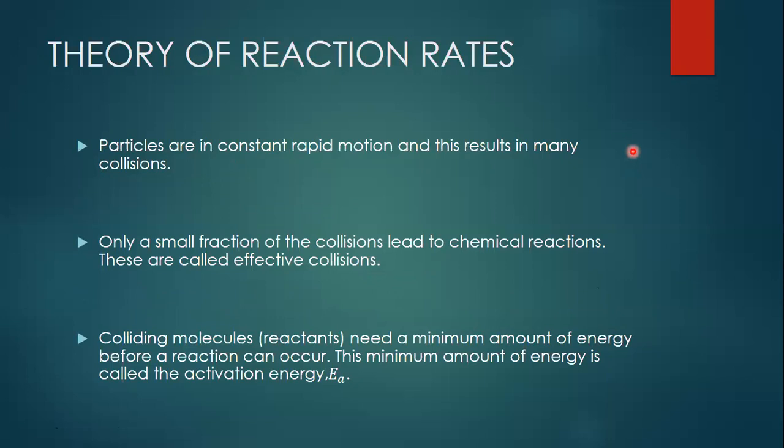We remember from our elementary chemistry or physics that all matter consists of particles. So we're going to deal more with particles. So particles are in constant rapid motion, and this results in many collisions. So if you have a cylinder filled with gas, the gas particles are always in constant motion.